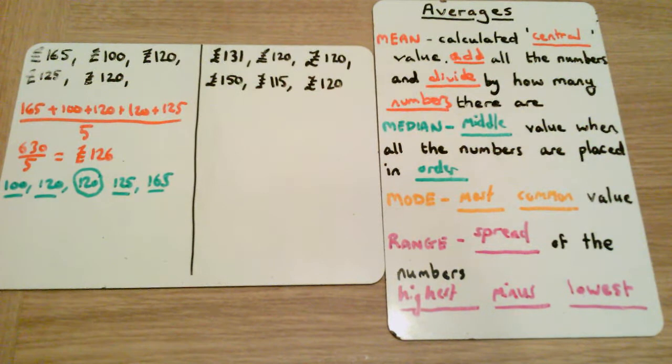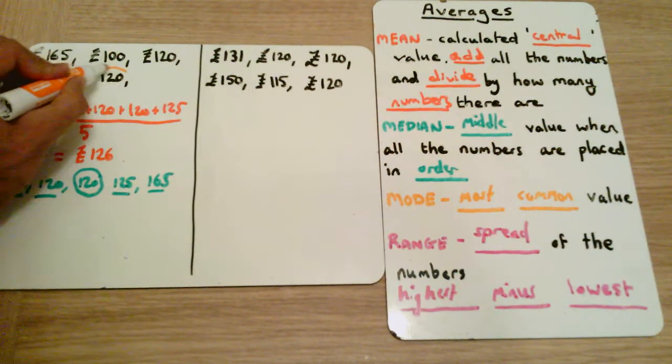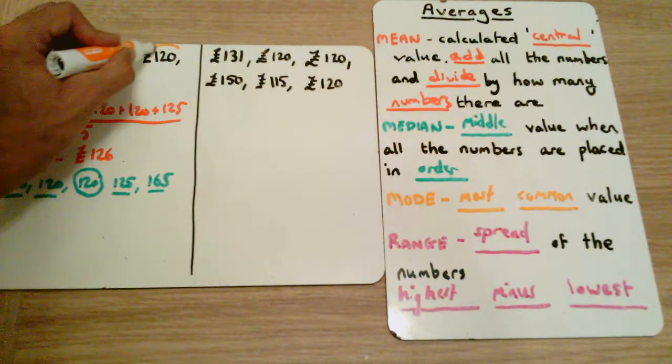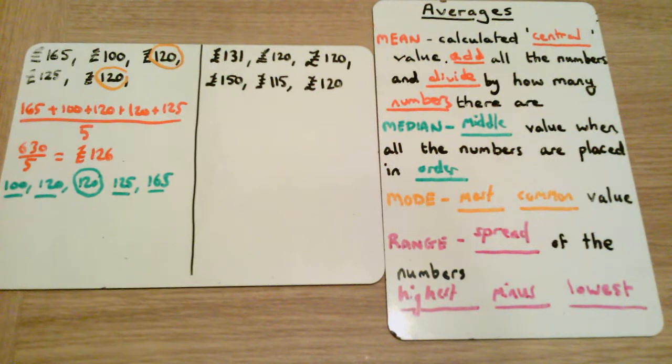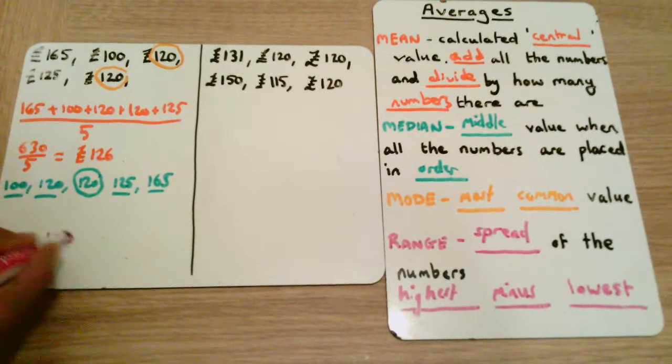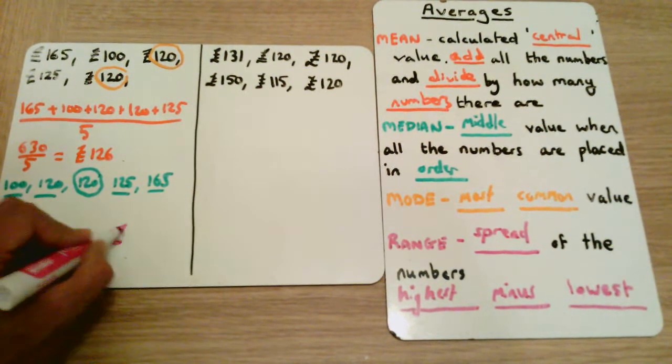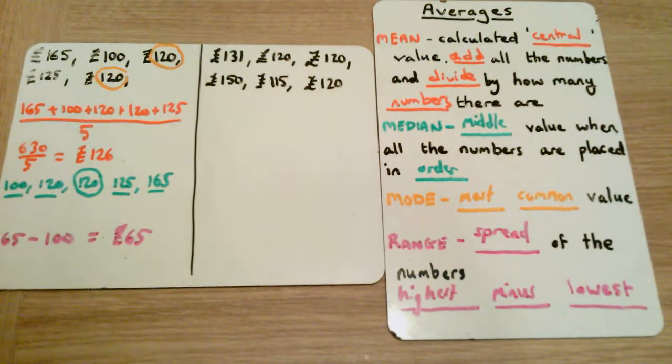Our median would be £120. And actually, so would our mode. Our mode would also be £120. So the last thing that we need to work out is the range. The range was the largest, take away the smallest, which is 165 minus £100. And that gives you a value or a spread of £65.